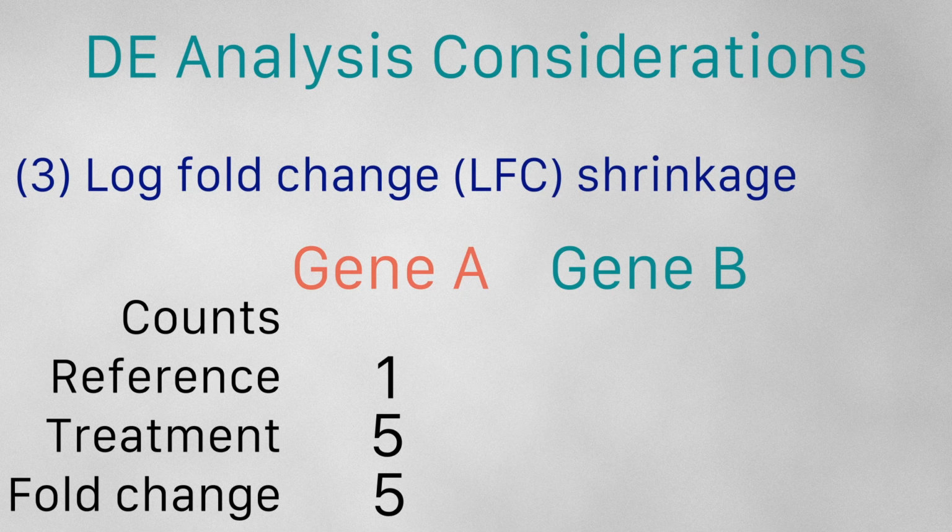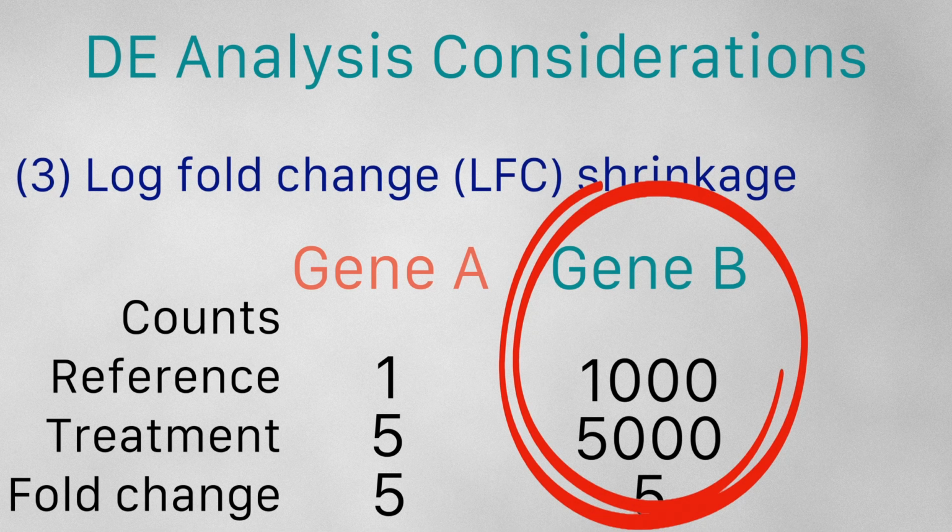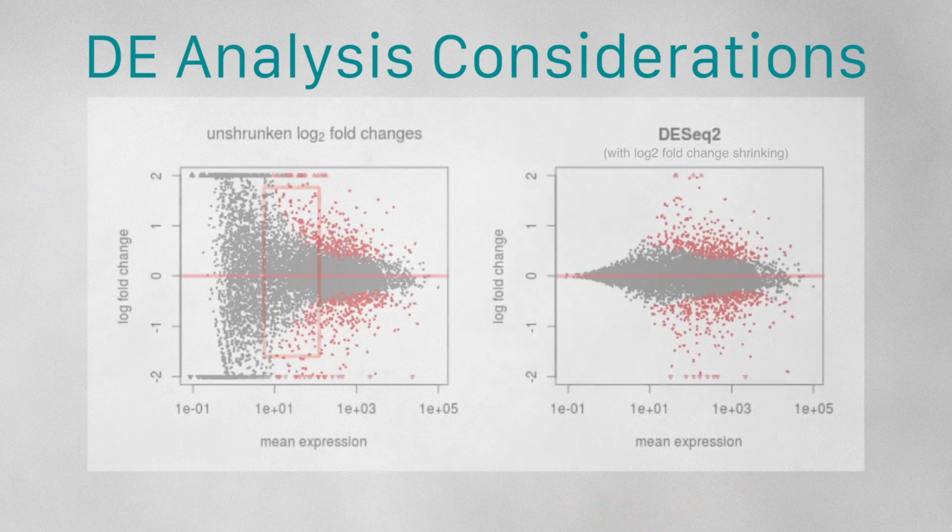In gene B, the counts ratio for test and reference group is, for example, 5,000 to 1,000. And therefore, we compute the fold change as 5,000 divided by 1,000, which is also 5. Even though both of these genes have the same fold change, a simple inspection of the counts would reveal that only gene B is biologically significant and has a good chance of being validated by qPCR.